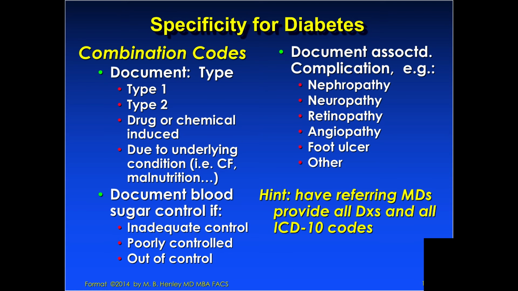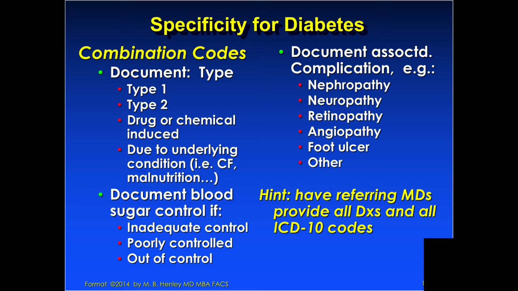As I said earlier, there are combination codes, and diabetes is one of them. You have to document in diabetes whether this is type 1, type 2. There are also diabetes that are induced by chemicals or drugs, or whether they're due to an underlying condition such as malnutrition or cystic fibrosis. You need to document whether there's any associated complications such as nephropathy, neuropathy, retinopathy, angiopathy, foot ulcer.